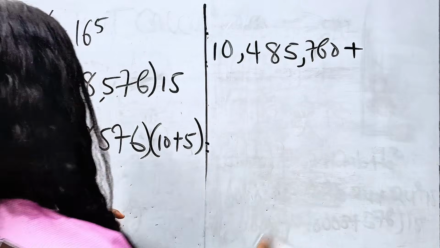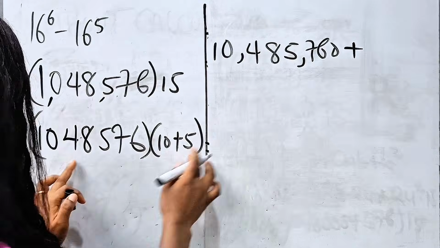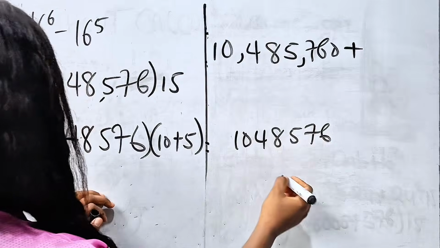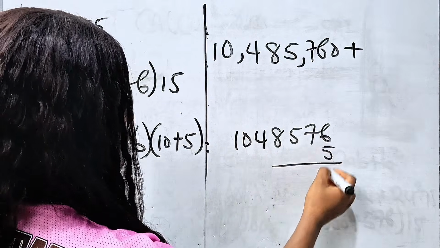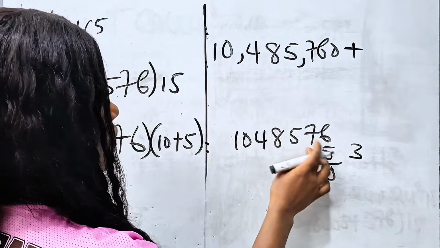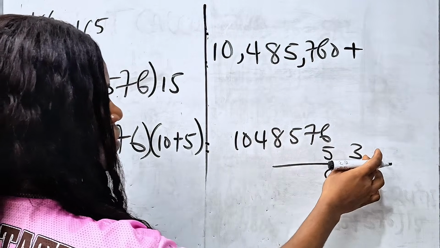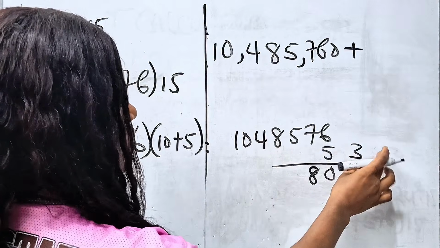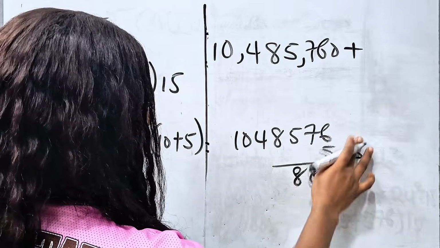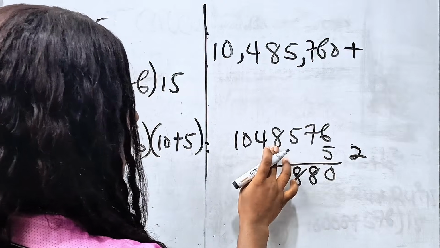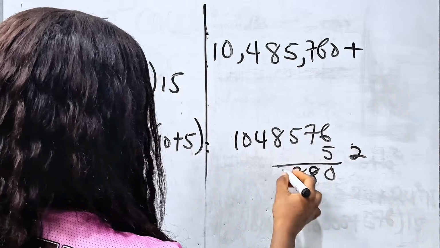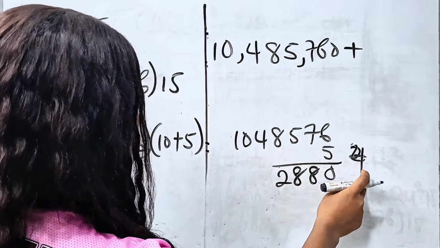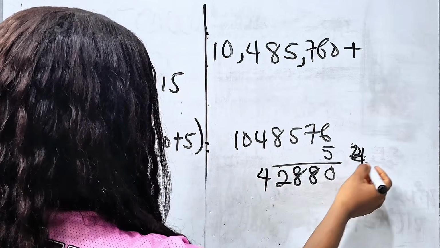Then plus, now this times 5. This is the one we need to work out because I don't want to make a mistake here. So times 5. 5 times 6 is 30, carry 3. 5 times 7 is 35, plus 3 is 38. 5 times 5, 25, plus 3, 28. So we carry 2. 5 times 8, 40, plus 2, 42. 5 times 4 is 20, plus 4 is 24.